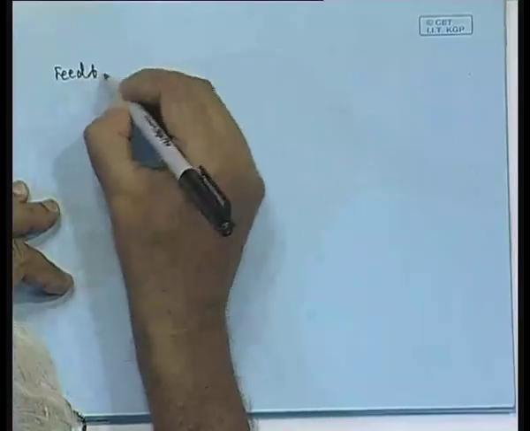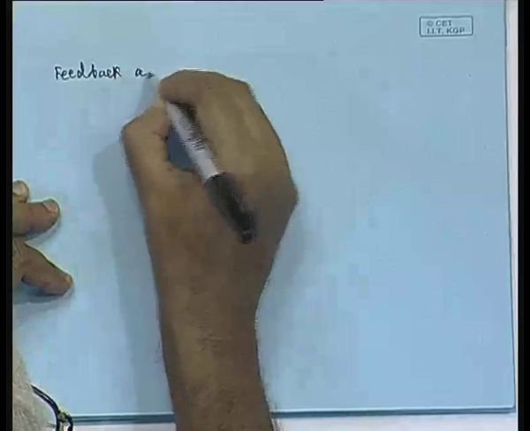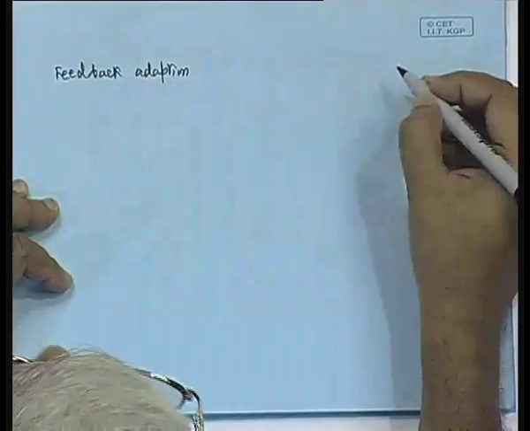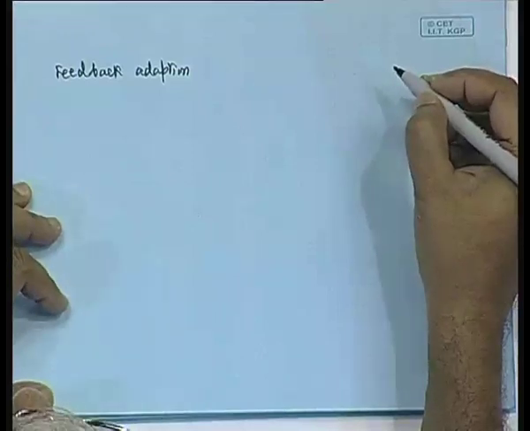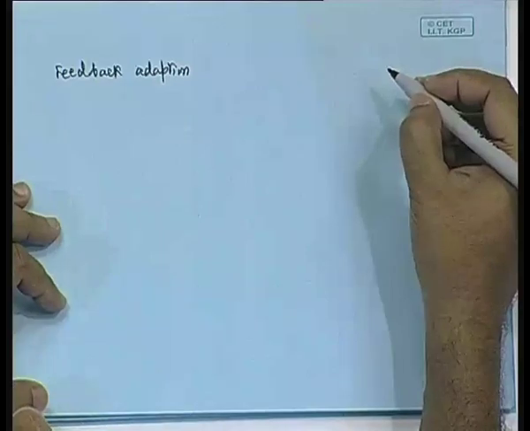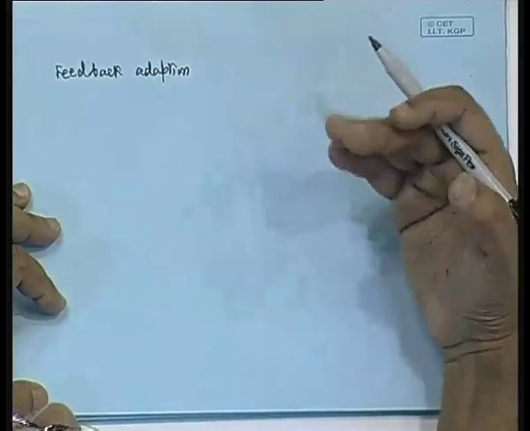We had already talked about the feedback adaptation. The basic philosophy we had discussed in the last class, and what we had said is that in the case of feedback adaptation, the step size has to be based on the final code word C of n that we obtain at the output. So, from C of n we have to derive the step size.